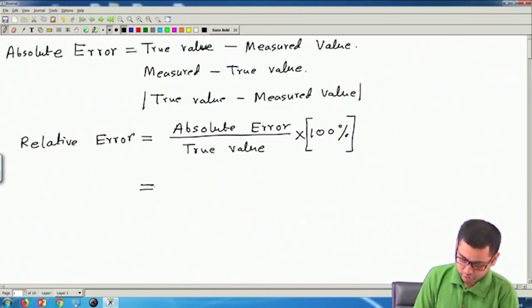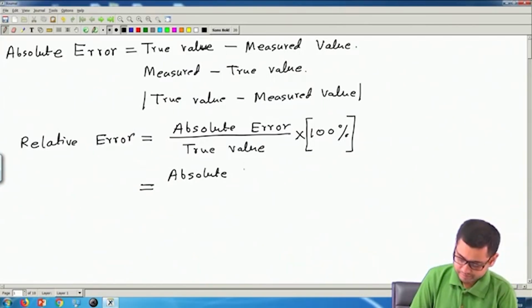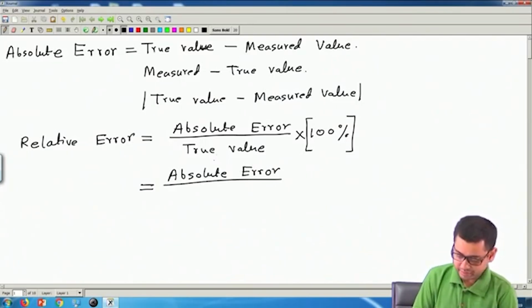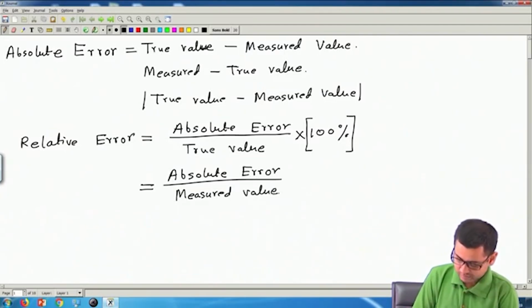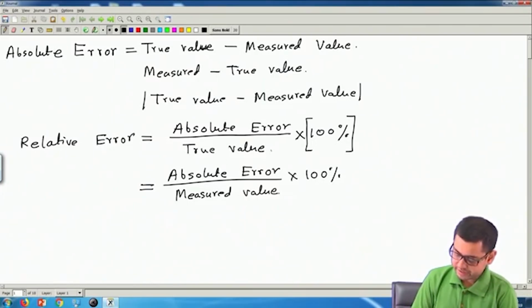Similarly, relative error can sometimes be defined as the absolute error divided by the measured value. The absolute error has multiple definitions, and relative error also has multiple definitions. You can multiply it with 100 if you want percentage. You can divide either by the true value or by the measured value.